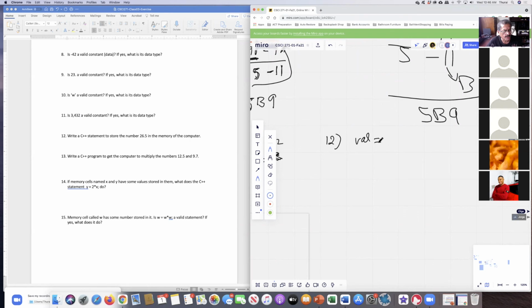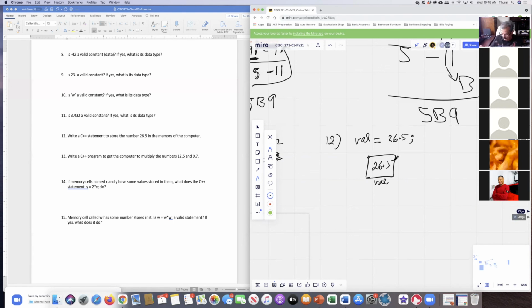The value is 26.5 and semicolon. This is a C++ statement that will store 26.5 in the next available memory cell, and it'll call it val. So the memory cell will be called val, and it will have 26.5 stored in it. All that will be done by this statement.